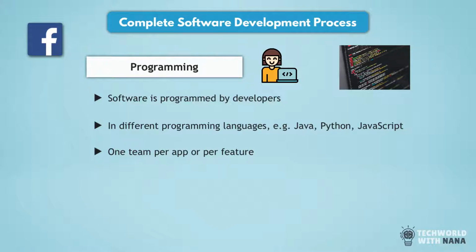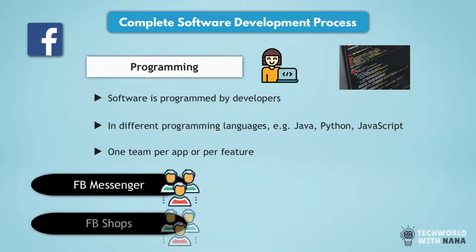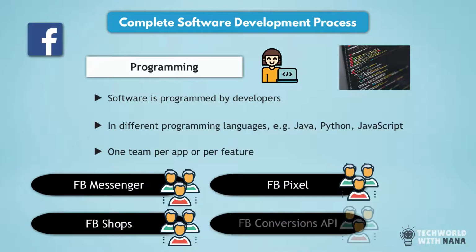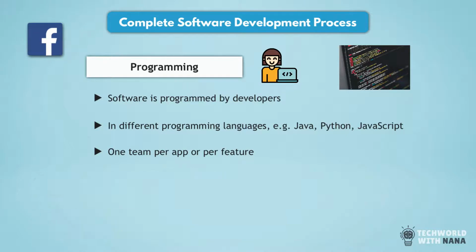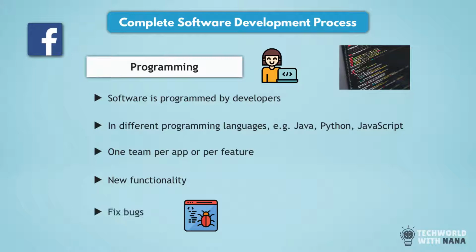For example, Facebook Messenger will have its own development team. Maybe the business features of the Facebook application will have their own team, and so on. These are the people who write code for creating new functionalities in the application, but also, if something doesn't work, they fix those issues.